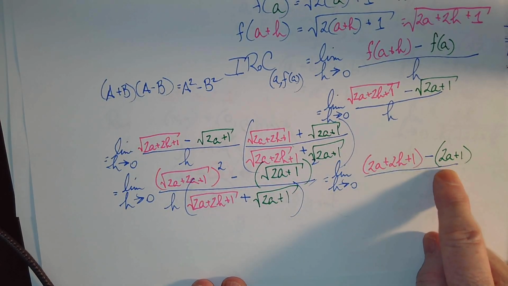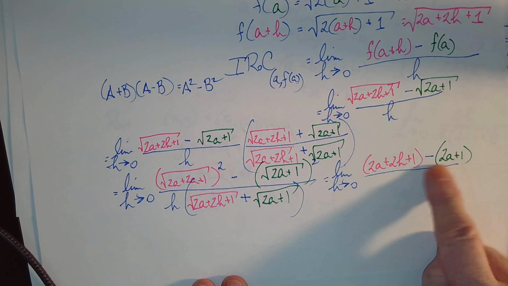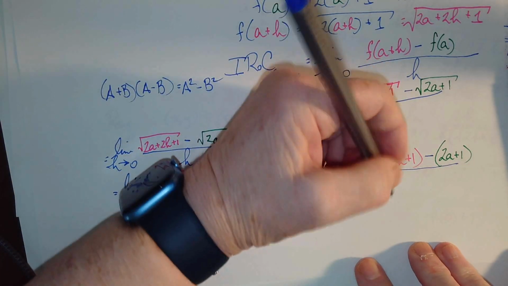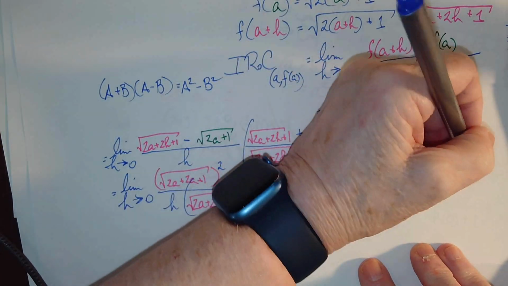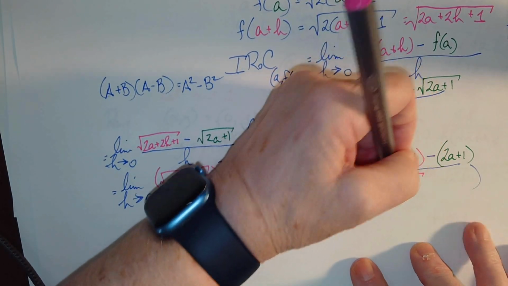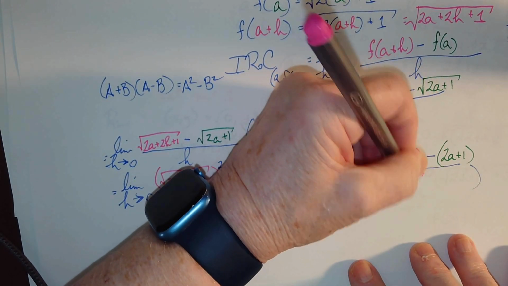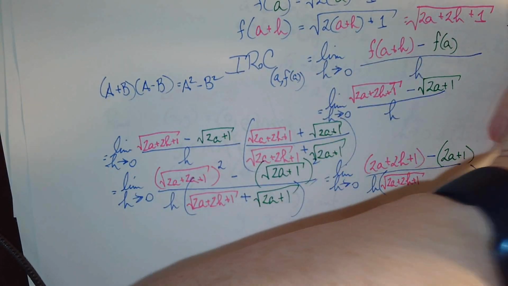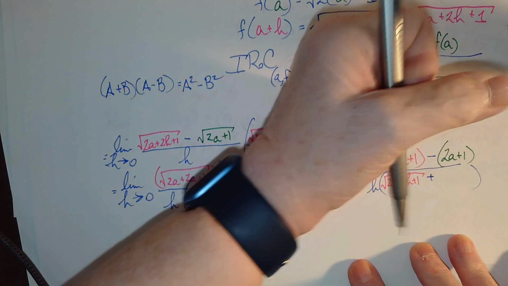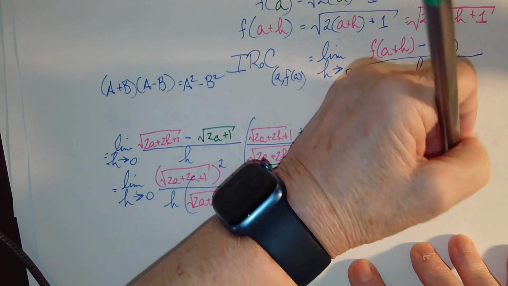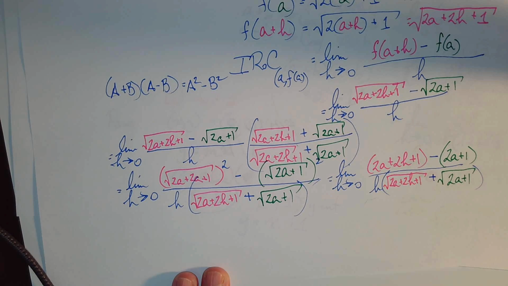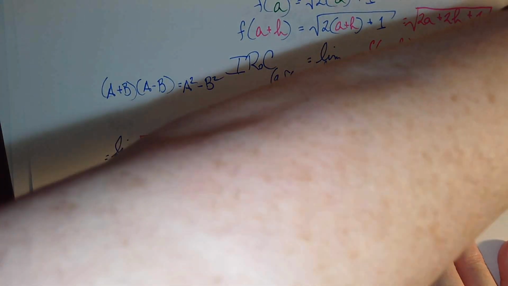And I have to be very careful to remember to keep parentheses around the 2a plus 1. And in the denominator, we still have h times the square root of 2a plus 2h plus 1 plus the square root of 2a plus 1. The denominator has not changed.